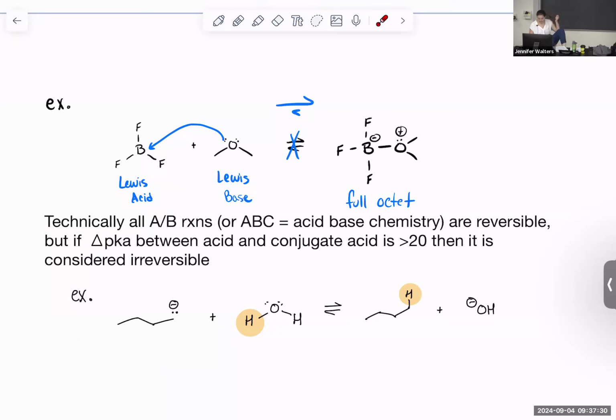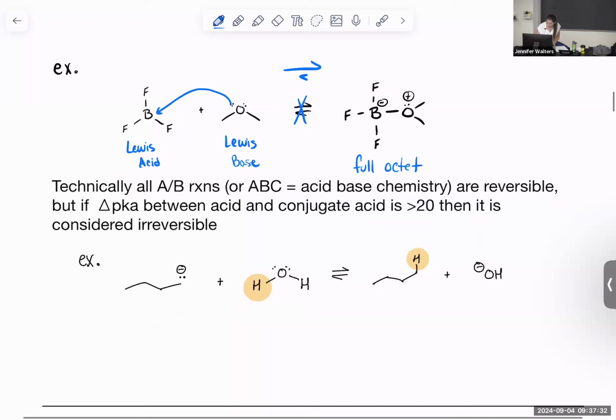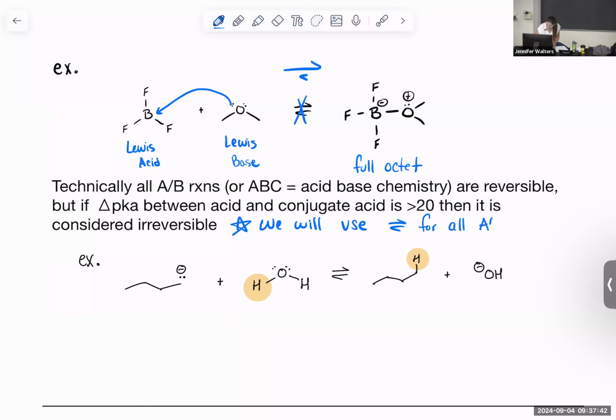So what I mean by this is we are going to use equilibrium arrows for all acid-base reactions unless we make a gas. If you make a gas, then you are truly irreversible because you produced something that bubbled out and disappeared. So if you make a gas, you're truly irreversible, then we use a forward arrow.